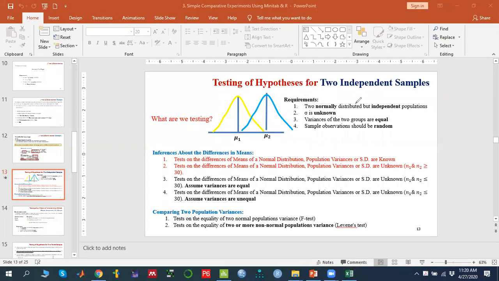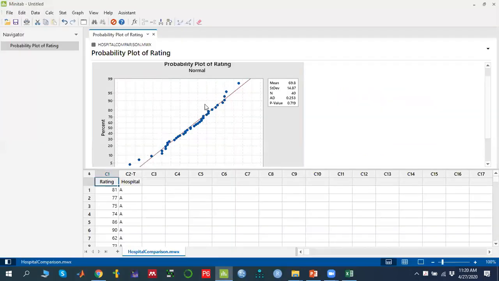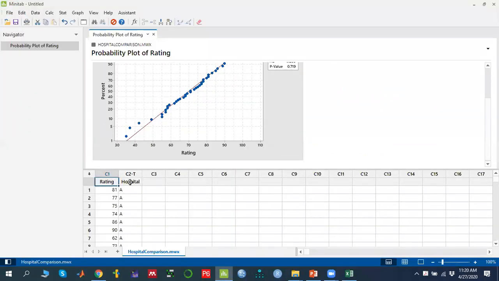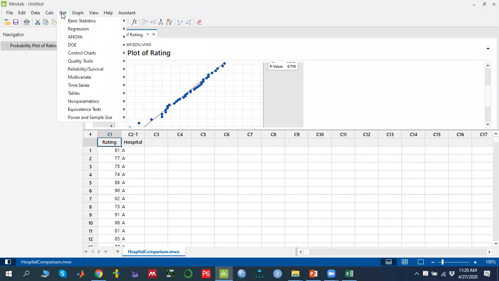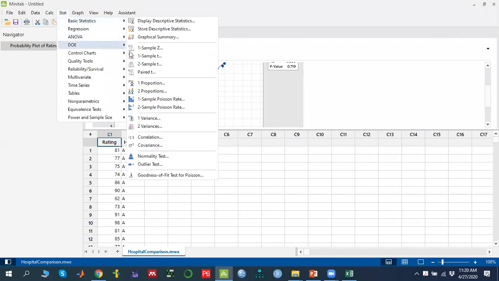So how can we test whether the two groups are homogeneous or heterogeneous? The equality of variance can be tested in two ways in Minitab. The first way is to use Stat, Basic Statistics, and Two Variances.